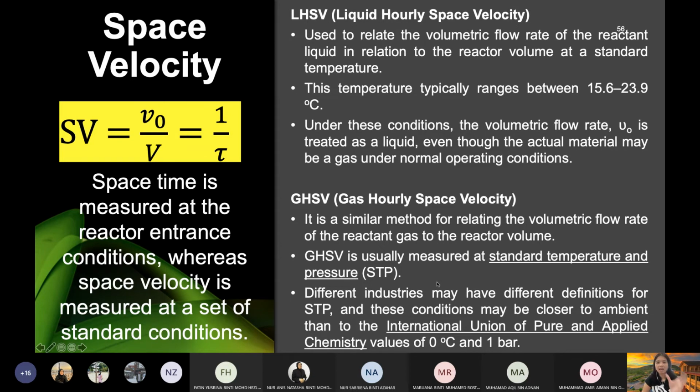However, kalau untuk gas, initial volumetric flow rate ni, kamu kena kira based on standard temperature and pressure, which is usually 0 Celsius 1 bar.